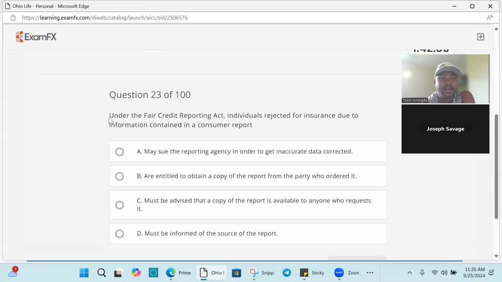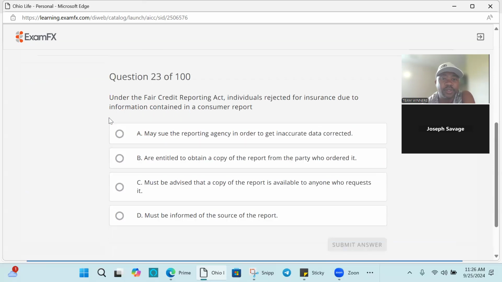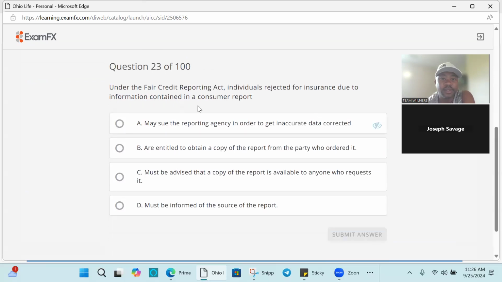Under the Fair Credit Reporting Act, individuals rejected for insurance due to information contained in a consumer report may sue the reporting agency in order to get accurate data corrected, are entitled to obtain a copy of the report from the party who ordered it, must be advised that a copy of the report is available to anyone who requests it, or must be informed of the source of the report.